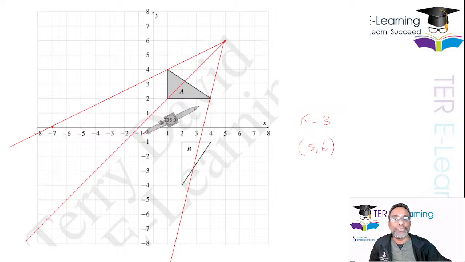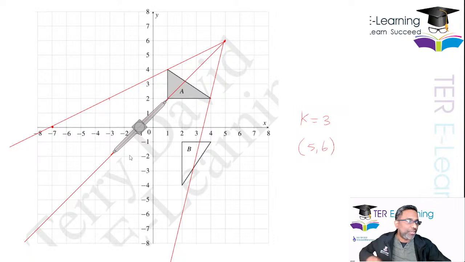The next thing, I'm going to do it for this other point here. So you open the divider up to here, and then you're going to measure that 3 times basically. So that's 1 there already. There's the second one. Now, some students use a ruler to measure. You could do that if you want, but a divider is the best way to do this.